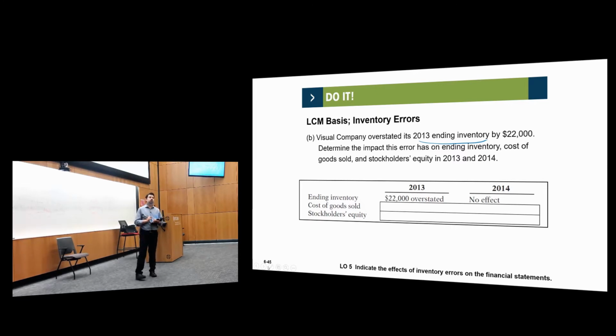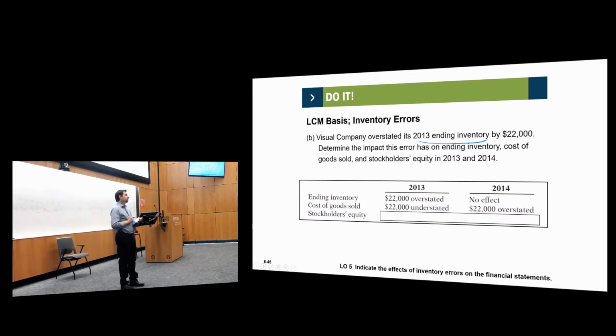What about cost of goods sold in 2013? Understated. So in 2014 it will be overstated. The effect will be offsetting each other. What about stockholders' equity? Overstated and no effect on the second one. Why is that?